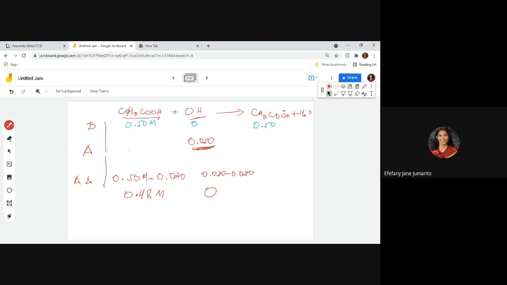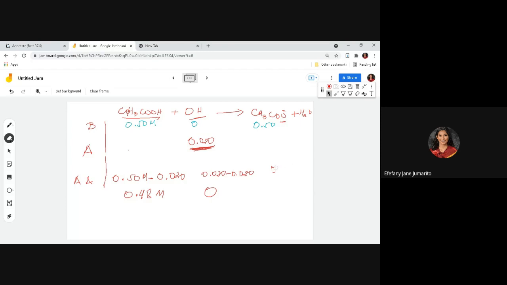Now, what will happen here with your conjugate base? It becomes 0.50. What will happen? Because you add 0.020, it's a product, so it adds 0.020. Follow, class?